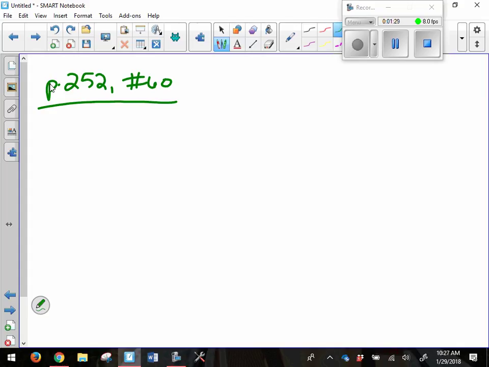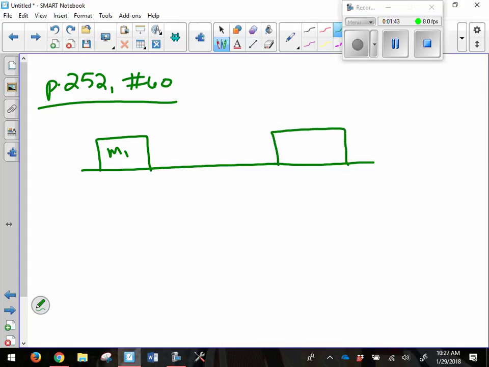Okay. So we're still in the realm where we're going to draw pictures. So before, I'm going to call them M1 and M2, even though they call them A and B. I just think it's easier. So this is going to be our 1.6 kilogram object, and this is going to be our 2.4 kilogram object.